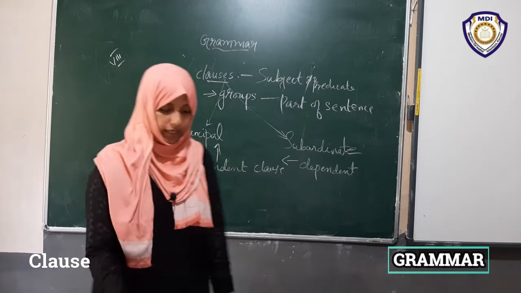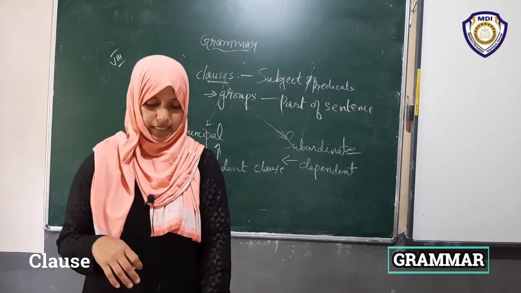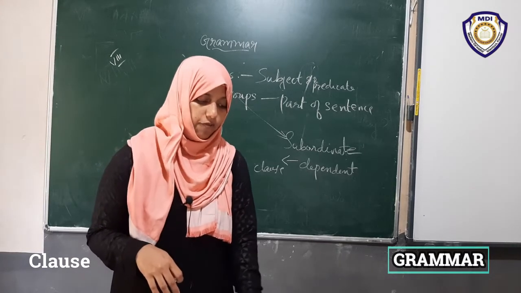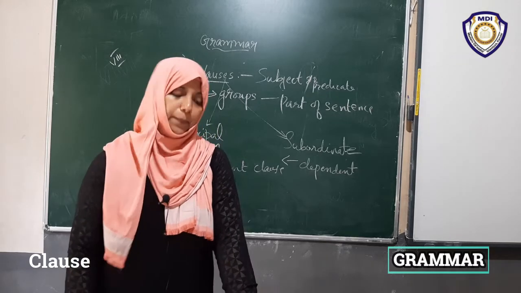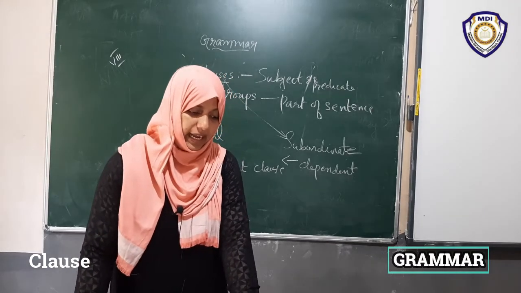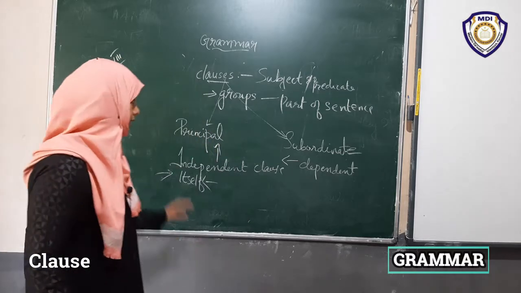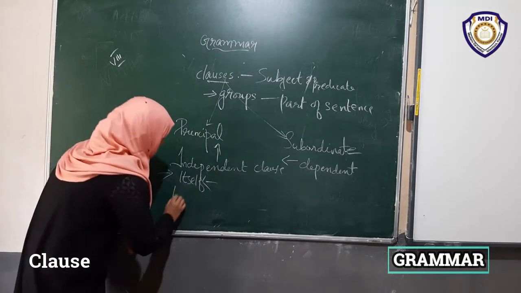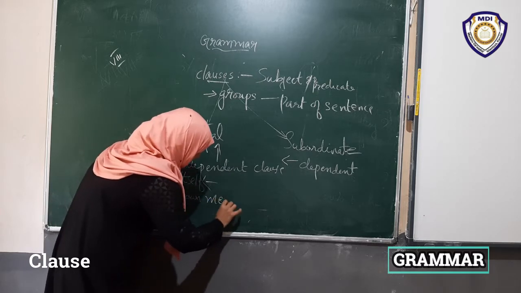Understand? A principal clause is a group of words that contains a subject and a verb and expresses a complete thought, and it stands by itself as a separate sentence. It has its own meaning.